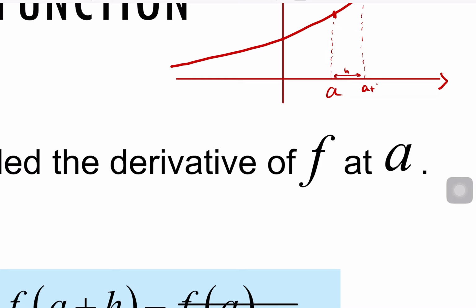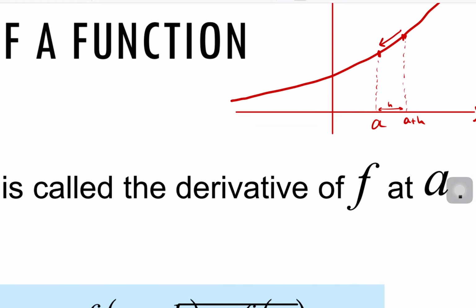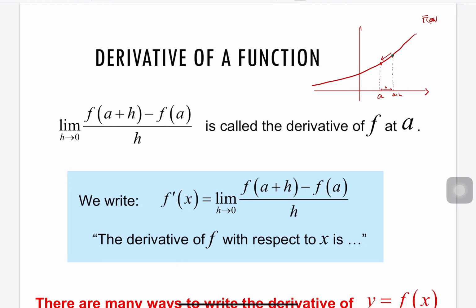When this a plus h goes to the a, h becomes almost zero, then these two points will be closer to each other, and in the end will be the same point. This will be the derivative of the function.